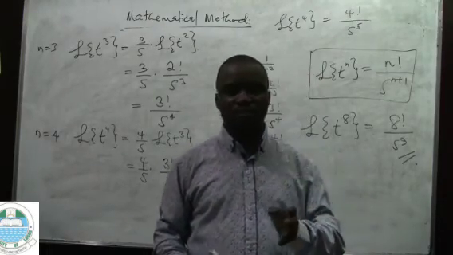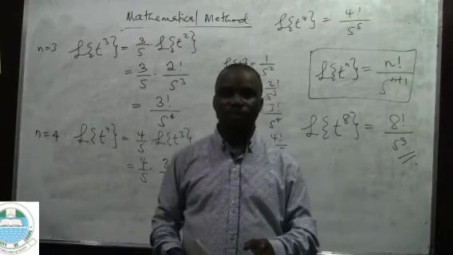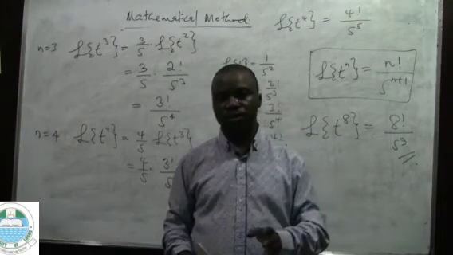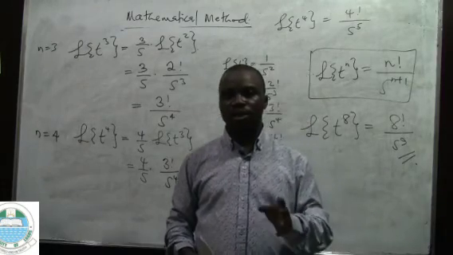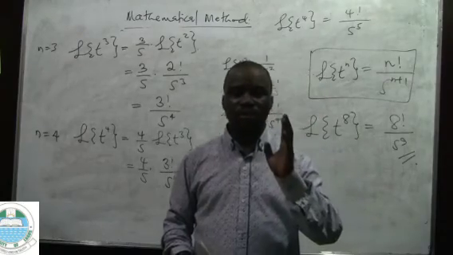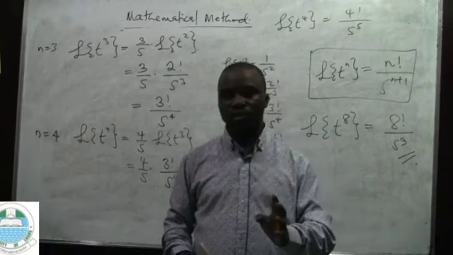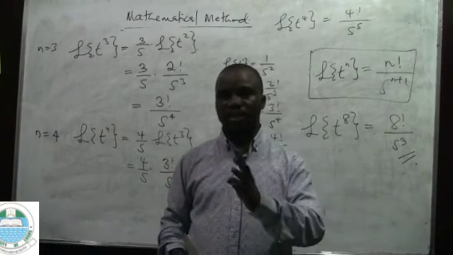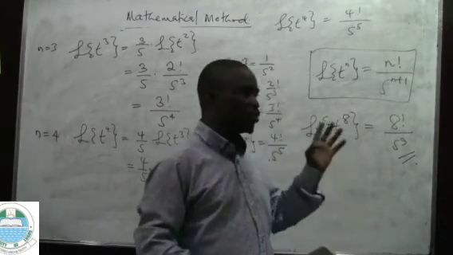We also established the fact that the Laplace transform is a linear operator. Also, we obtained the Laplace transform of some functions. We started with constant, we looked at exponential, we looked at hyperbolic, specifically 2 of them, sinh AT and cosh AT. The next one is the trigonometric function. We looked at sin AT and cos AT. And finally, we looked at polynomial.